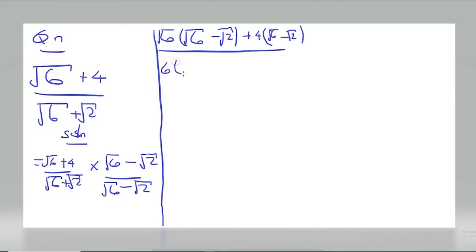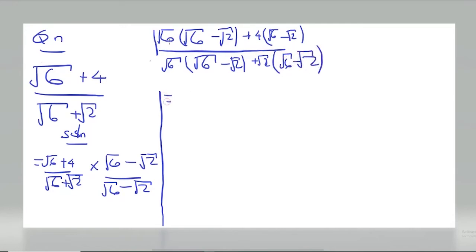In the denominator we're going to have root 6 times the bracket root 6 minus root 2, then plus root 2 times root 6 minus root 2.